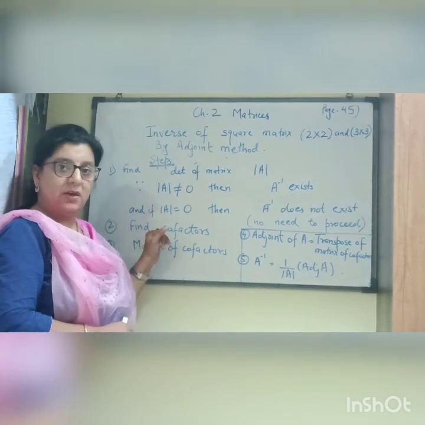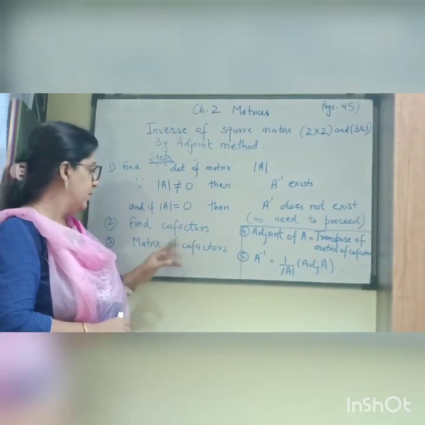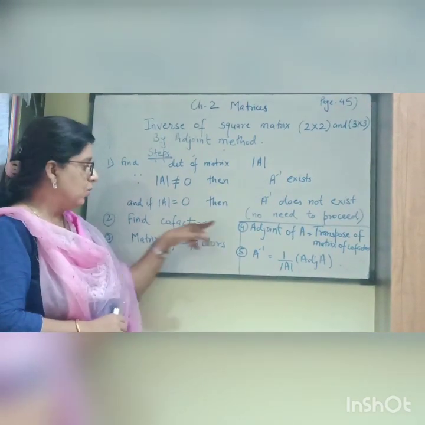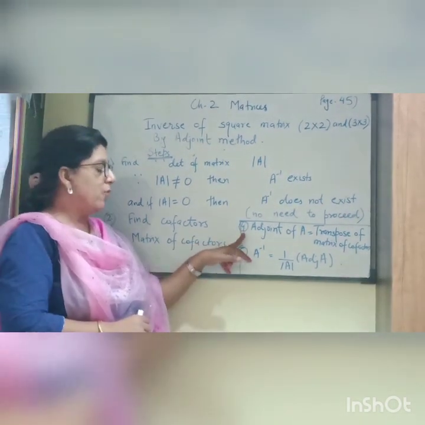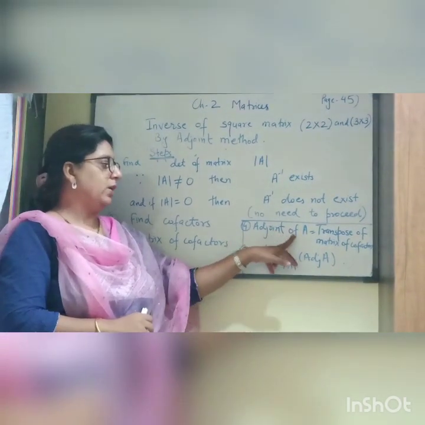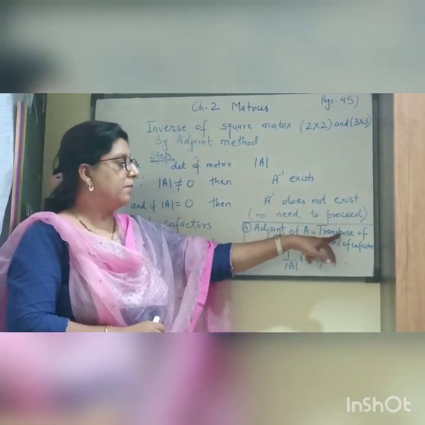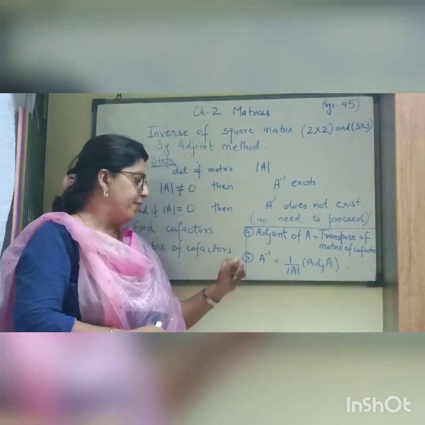The second step is to find the cofactors, as I told you in my first video. Then in the third step, you write down all the cofactors in matrix form. The fourth step is the adjoint of A. What is this adjoint of A? It is simply the transpose of the matrix of cofactors.